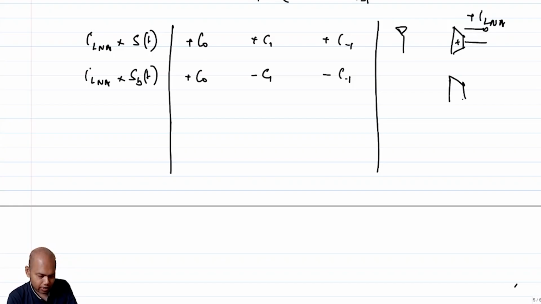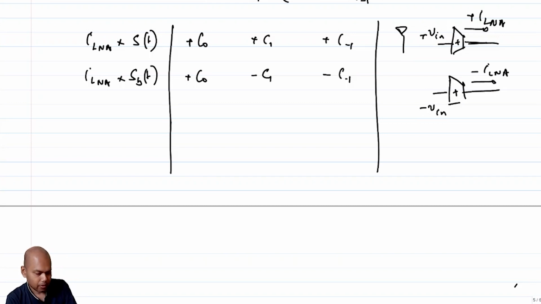If you have another LNA of identical polarity, basically a copy paste of the same LNA, and if the input is minus V in, this is plus V in, then the current that it is going to push out is minus ILNA. Correct?